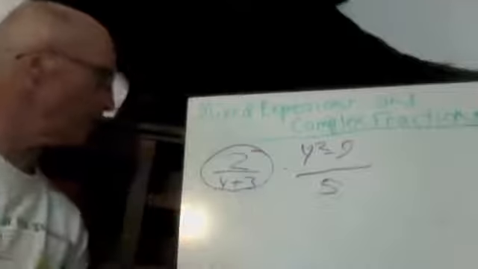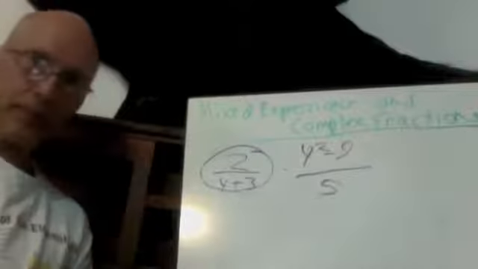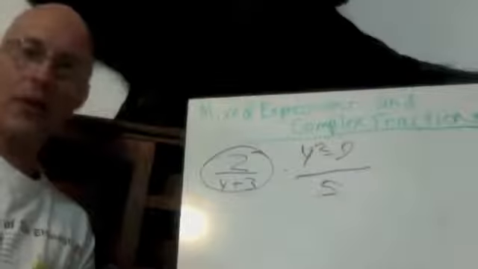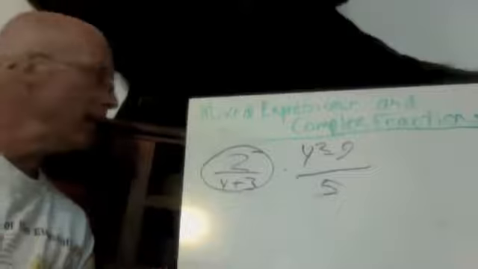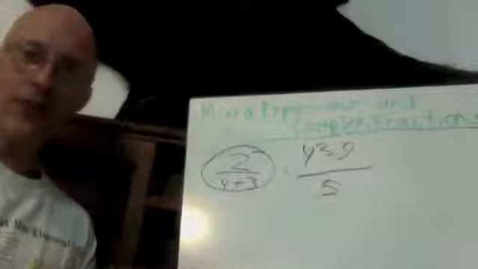Okay, do you see how we got to this point? Now, it might look like we're just going to multiply those, but let's think about what we learned before. We learned about that cross canceling, and I can see that this is a perfect square minus a perfect square. So I'm going to rewrite that as the difference of two squares, which is the square root of that one plus the square root of that one, and the square root of that one minus the square root of that one.